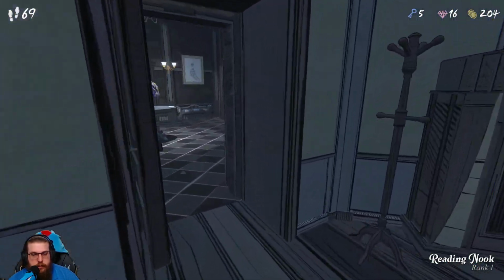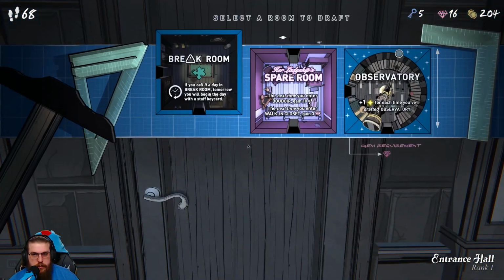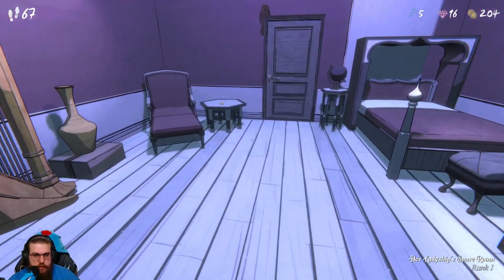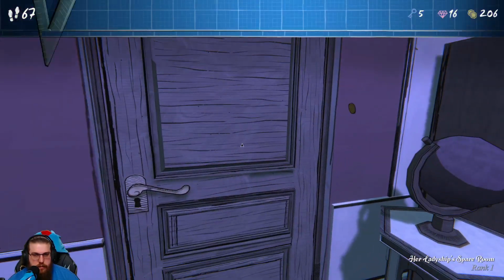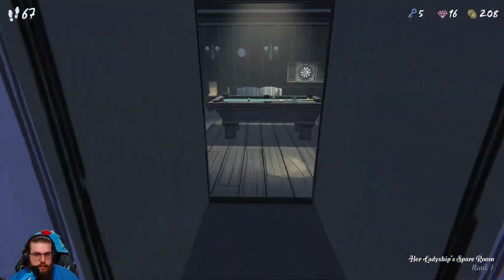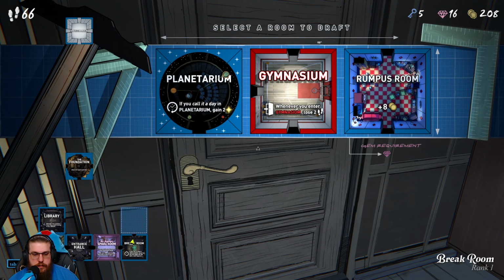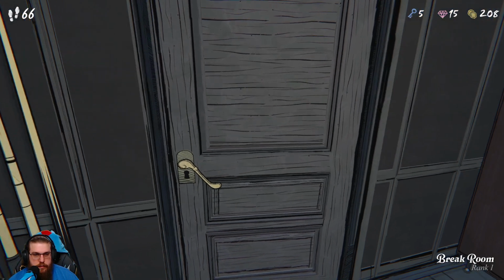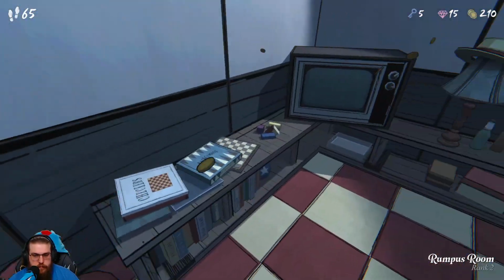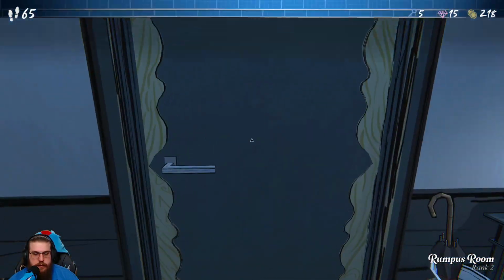And then we just gotta get coat checked. What did I keep? Sledgehammer and coin purse. That's funny.